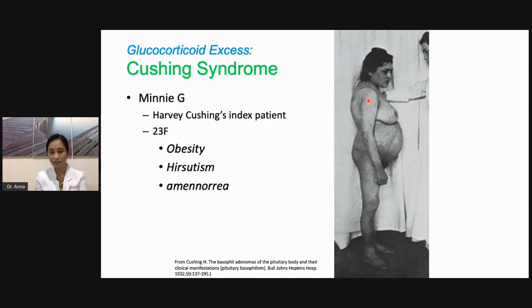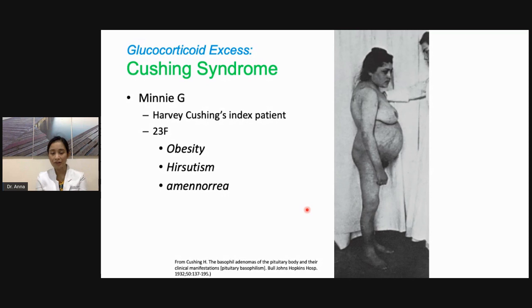You can also see a buffalo hump, the hump at the back of your neck. And you can notice her legs are very thin. You can see some muscle wasting as well. Mini G also had markedly elevated blood pressure.